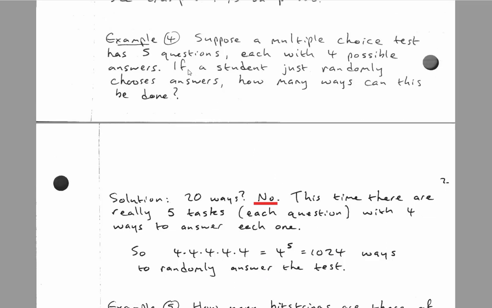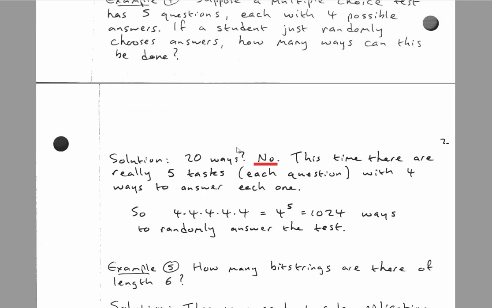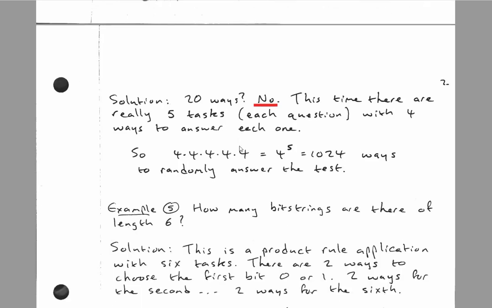All right, so the moral in example 4 is that these counting questions can be tricky, so make sure you think through your answer. You can't just apply the product rule to any two numbers. And try to think about what it would look like if you were trying to list all the answers. That's helpful.